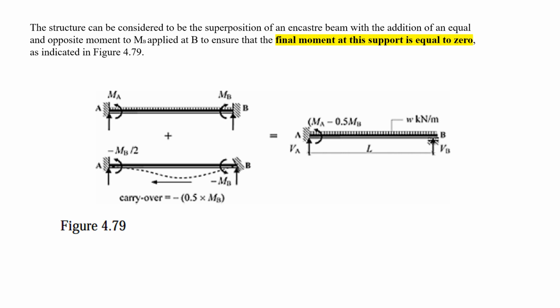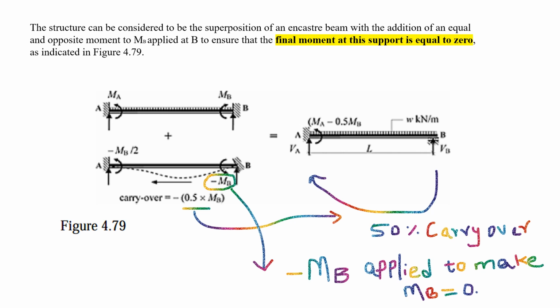Once we apply this kind of moment here, there will be a carryover of 50% to the other end. We are applying minus MB, so it will develop minus MB by 2 at A. In the final summation, there will be MA minus 0.5 MB.